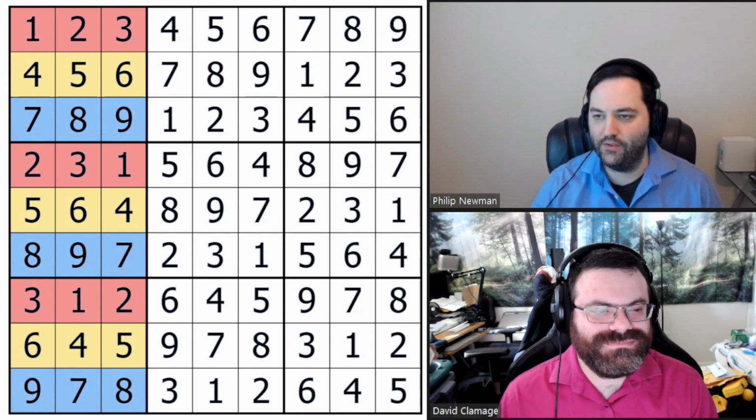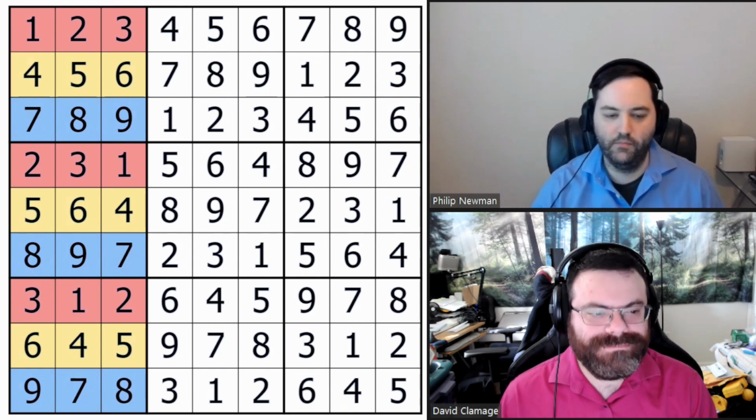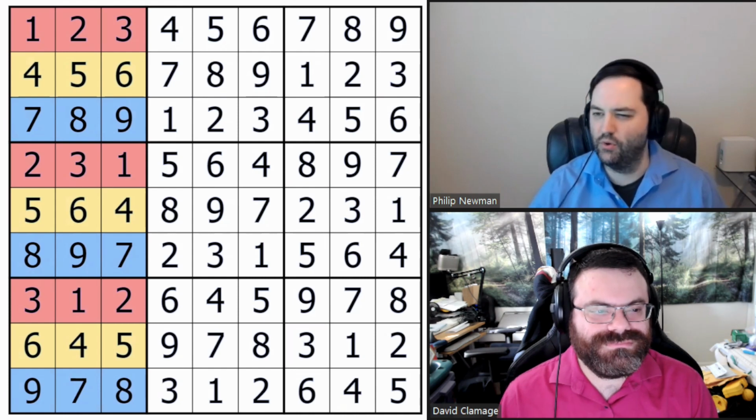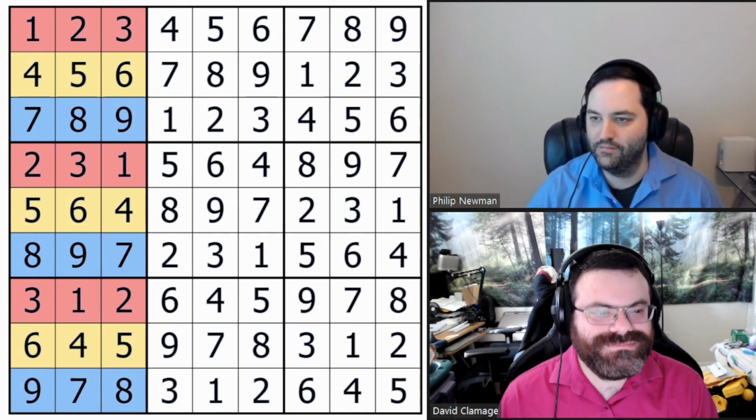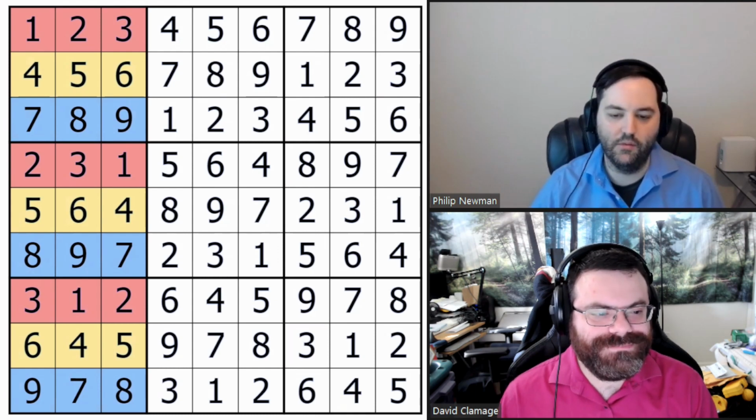For higher clue counts, it's hard to find a puzzle that is minimal, that you can't remove a given from. That's usually what we care about with the hard puzzles, is finding minimal puzzles. Right. Because once you have a puzzle, you can do singles on it, and you still have just as hard a puzzle. Just the singles are. Yeah.